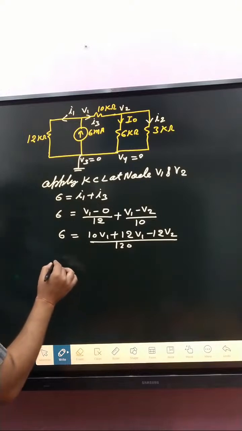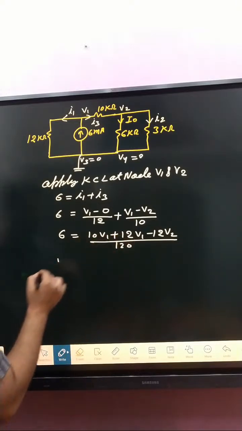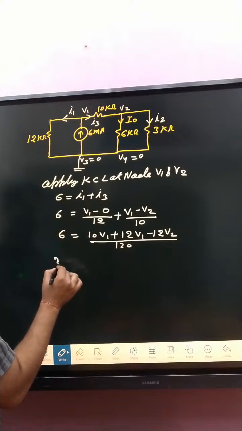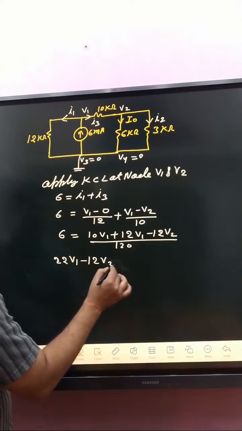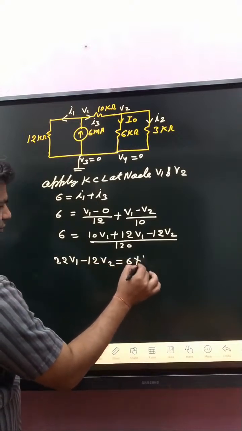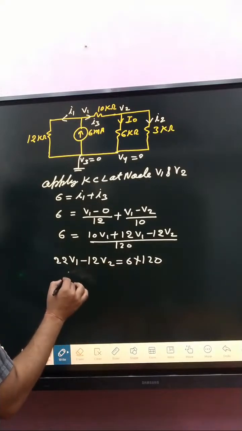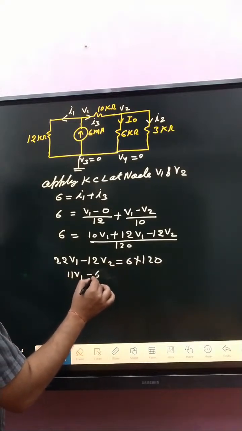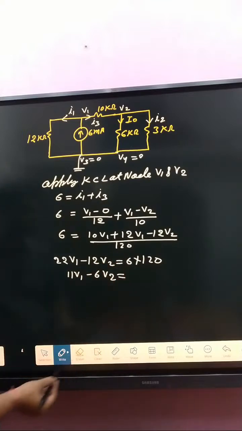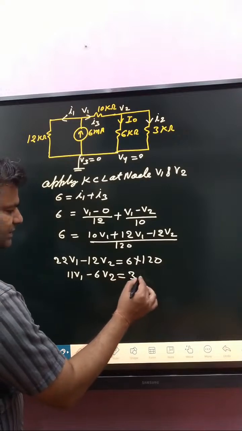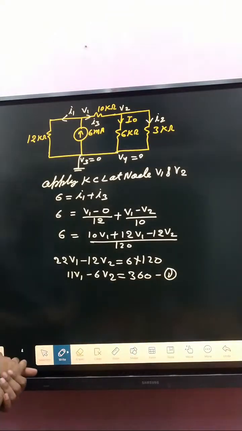After that, 10 plus 12 is 22. 22 V1 minus 12 V2 equals 6 into 120. Dividing by 2 on both sides, we get 11 V1 minus 6 V2 equals 3 into 12, that is 360. Equation number 1. Clear?